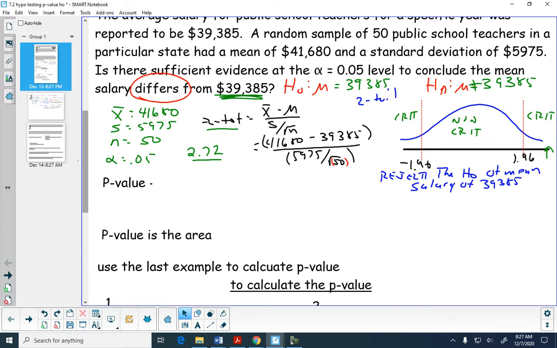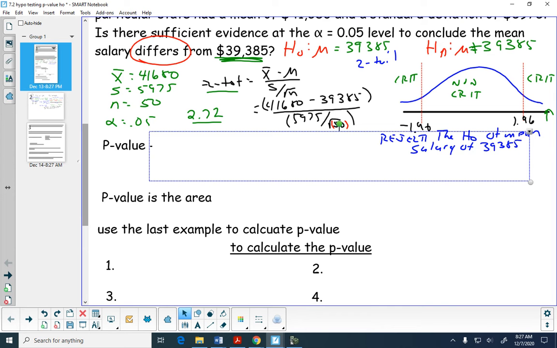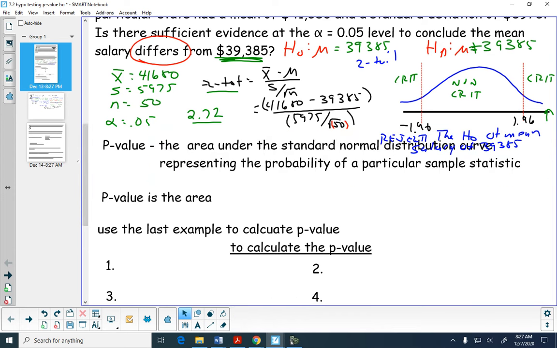Another way of being able to reject or fail to reject a null hypothesis is by using a p-value. When dealing with a p-value, it's the area under a standard normal distribution curve representing the probability of a particular sample statistic, which is what we are dealing with here.